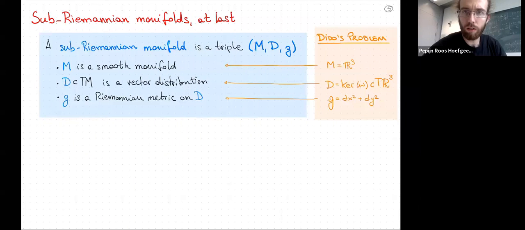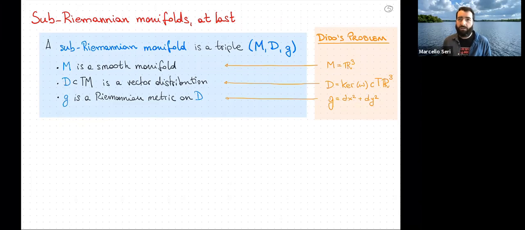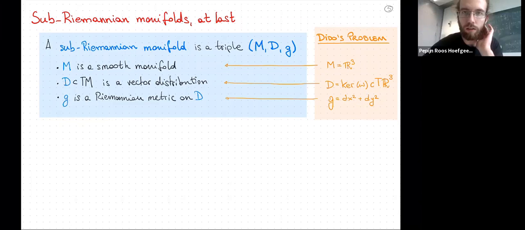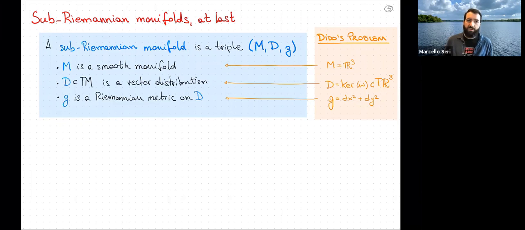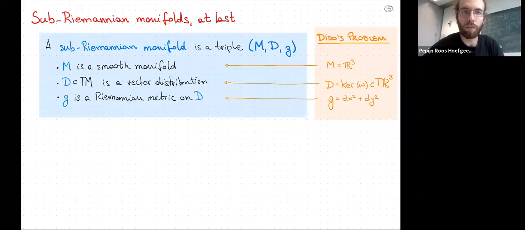But it's the one that is, sorry? Can I ask a question? Yeah, sure. So this D, is it a sub-vector bundle or is it just an assignment of subspaces? It's enough that it's an assignment of subspaces. You will have to require something on it, but if it's a sub-vector bundle, it's nicer. Okay, and G, is it a metric on D as a manifold, or is it like a Euclidean metric?